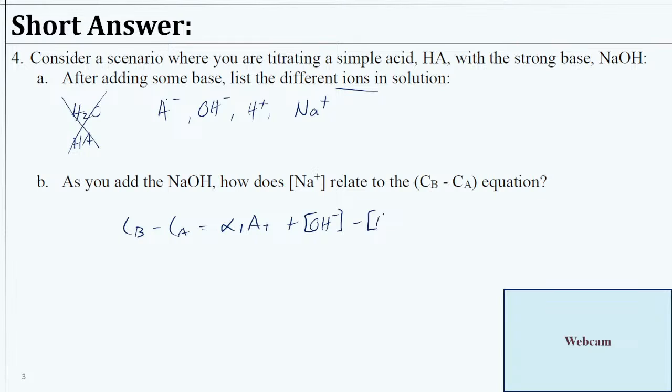except we've readjusted it. And if you recall, we readjusted it to put all of the spectator ions on the left. So essentially in this system, the spectator ions consist of exactly sodium. So the left side, we've been calling it Cb minus Ca, but when we first derived it, we started from an electroneutrality equation and said, everything that's not changed by pH, we're going to shove to one side.